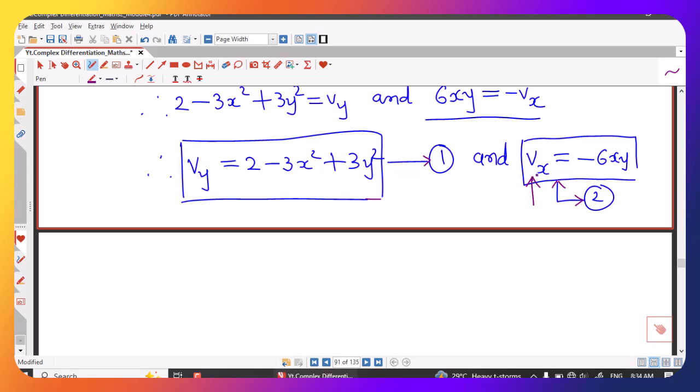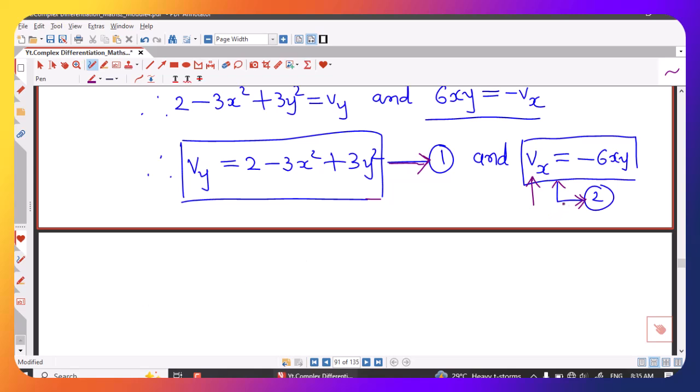So if I want to obtain v from this equation, I have to integrate del v by del x with respect to x partially, that is, considering y as constant. And if I want to use this equation first, then I have to integrate del v by del y partially with respect to y, and at that time we consider x as constant.